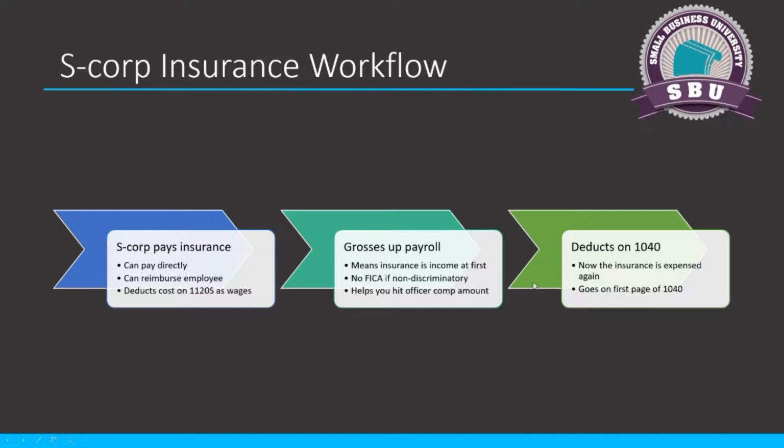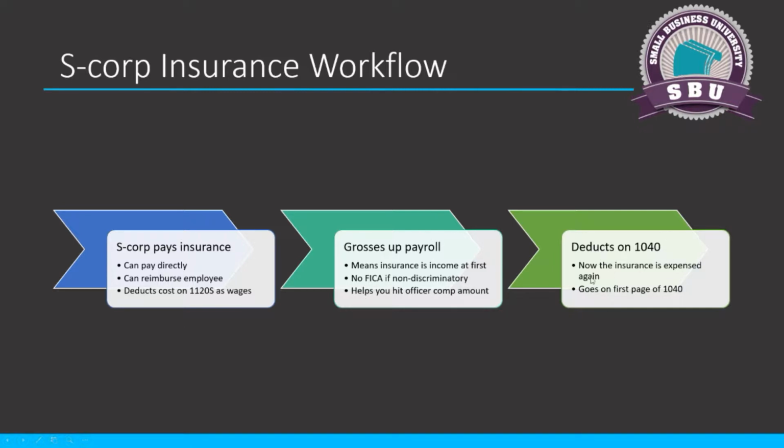But you can't do that. If you don't deduct it and gross up, you can't deduct it on the 1040. And if you just deduct it here and don't gross up the payroll, the IRS can disallow this deduction. So you have to do all 3. You have to write it off through the S-corp, then gross up their payroll, then deduct it on their 1040.